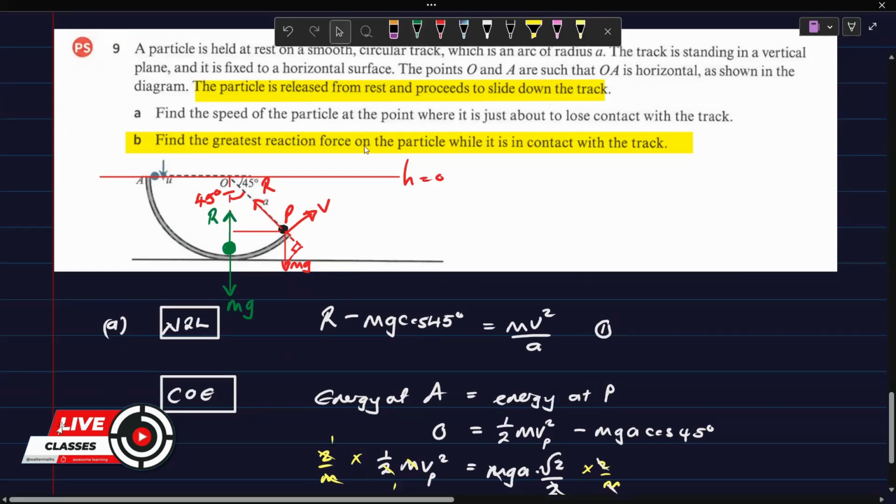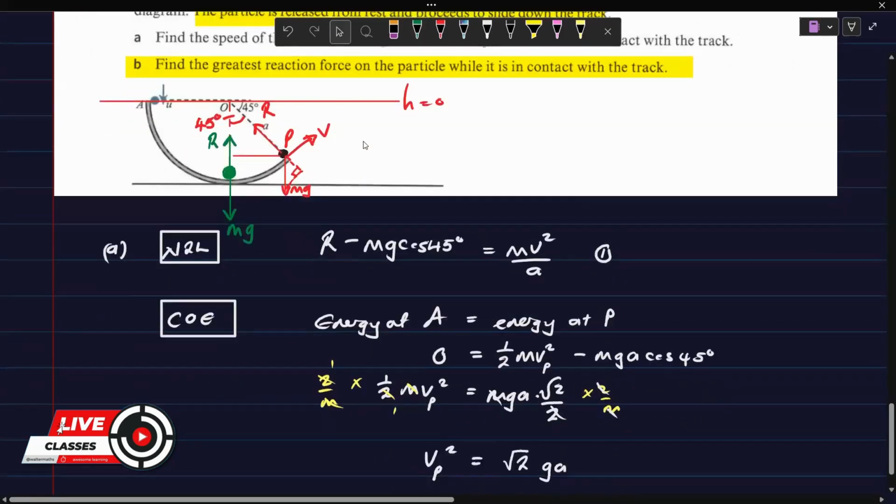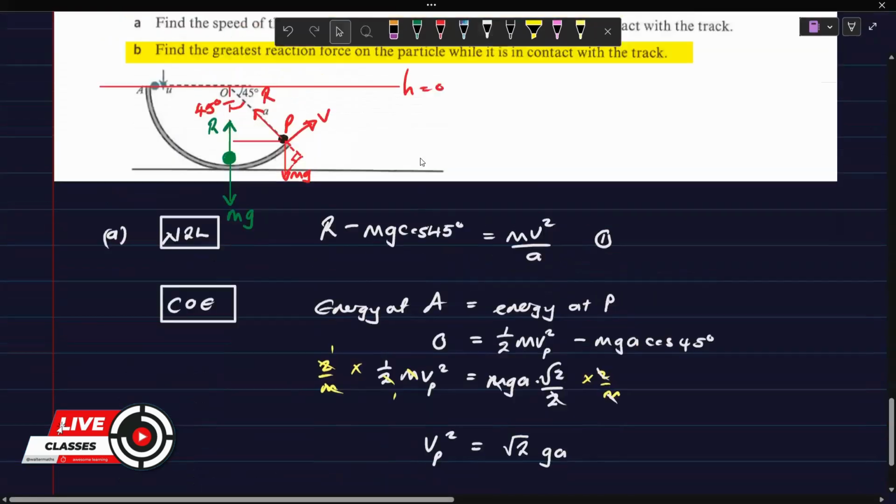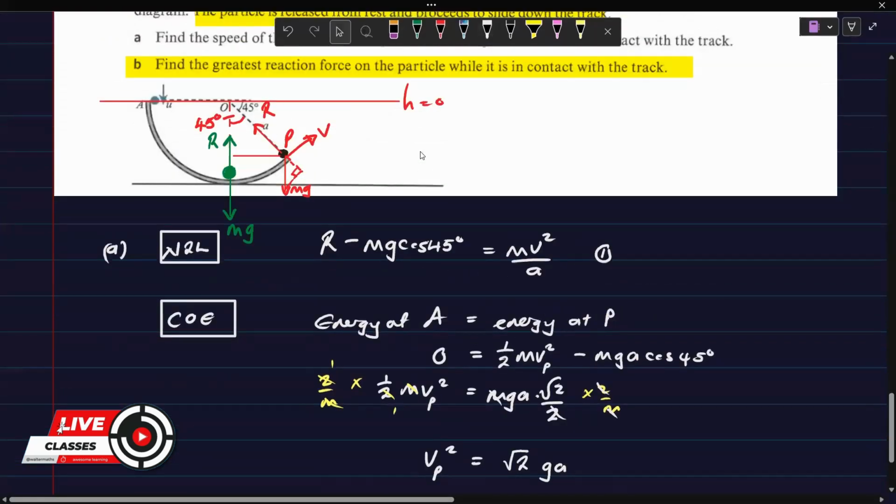If we use Newton's second law here, R minus mg should be equal to m times the speed squared over the radius, when it is at the bottommost point.